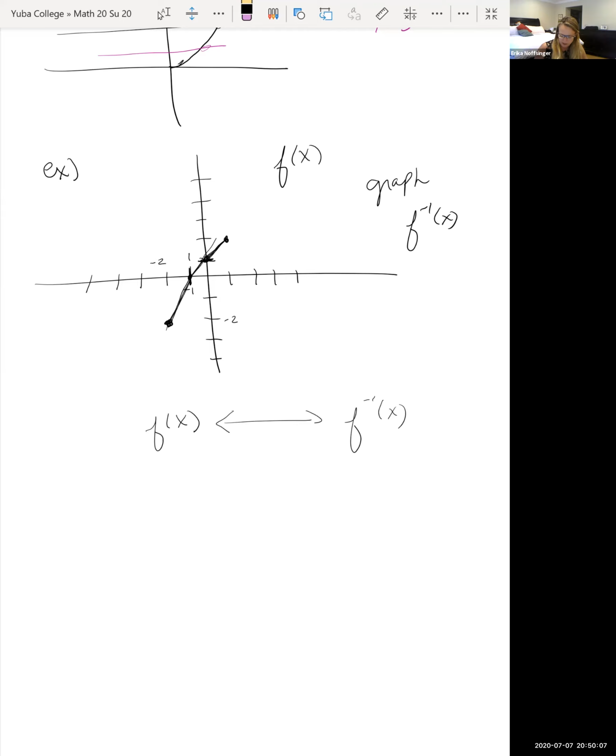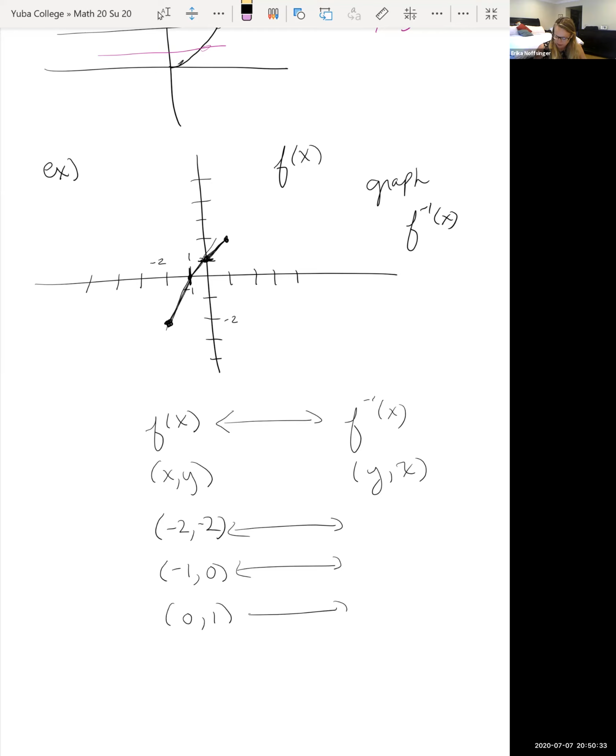Well, any point in the form x, y on f of x, the x and y coordinates are swapped, is y, x on f inverse of x. So this point here at -2, -2, and then we had a point at -1, 0, a point at 0, 1, and a point at 1, 2.